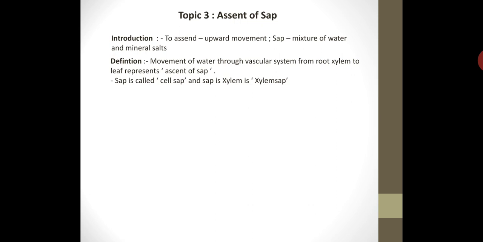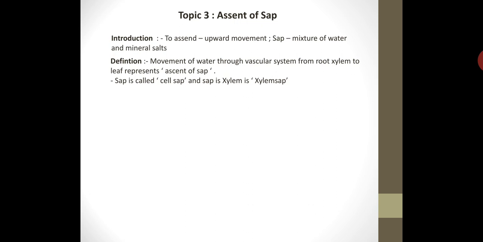Water plus salts are absorbed by the roots. So it is called sap. And such sap from the xylem of the root, how it moves towards the xylem of the leaf, where it is utilized for photosynthesis and other phenomena, that process we are going to study in this topic, ascent of sap.